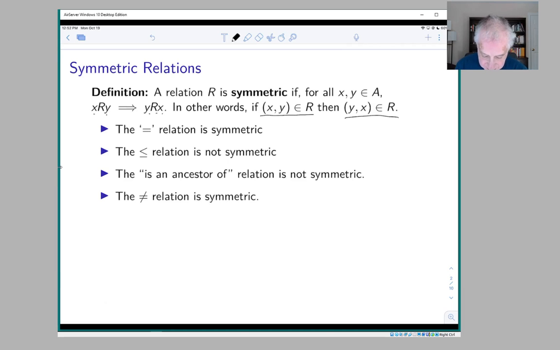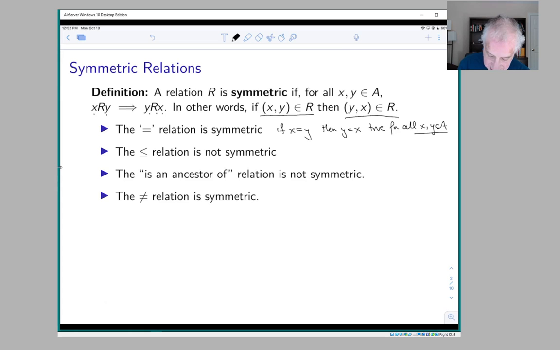So the equals relation is symmetric because if x equals y, then y equals x is true for all x, y in A. Notice the quantifier here is important. It has to be true for all pairs x and y.